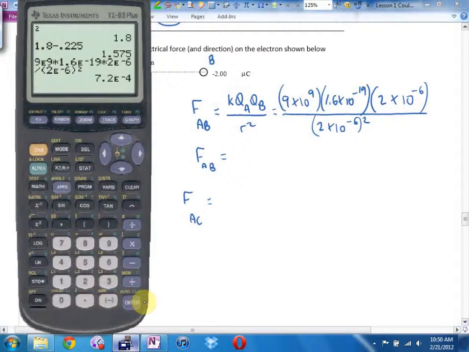I get 7.2 times 10 to the negative 4 newtons. Anybody else? Nicole? Am I right or not? Yeah? 7.2 times 10 to the negative 4.